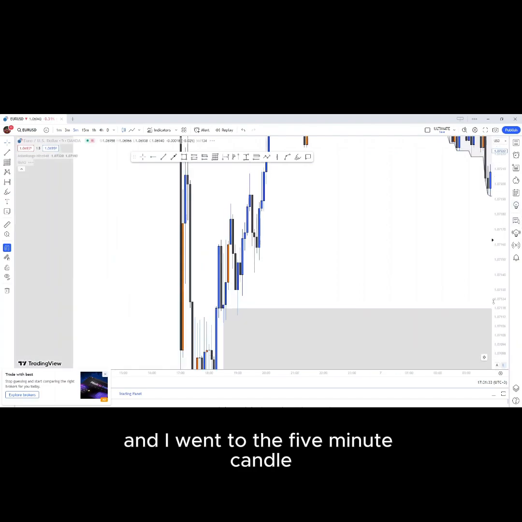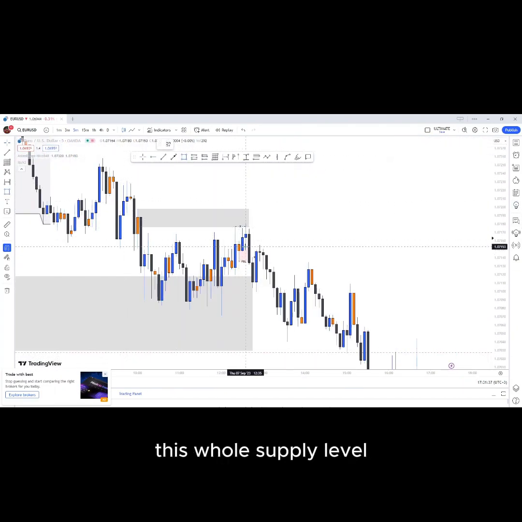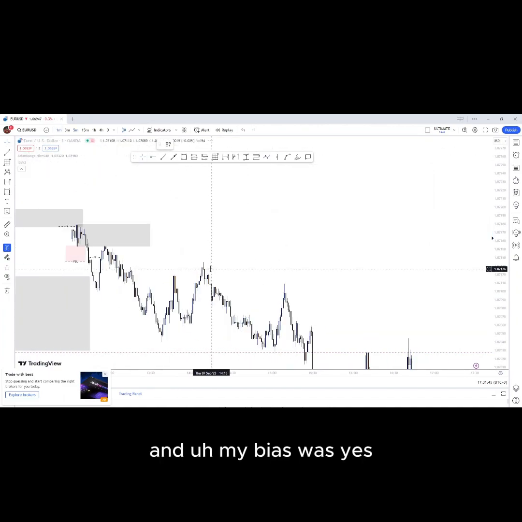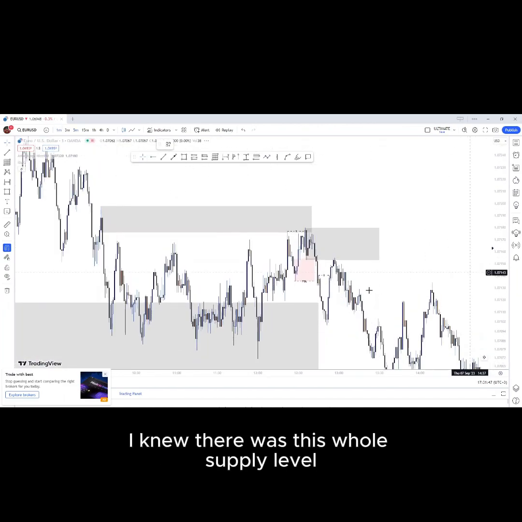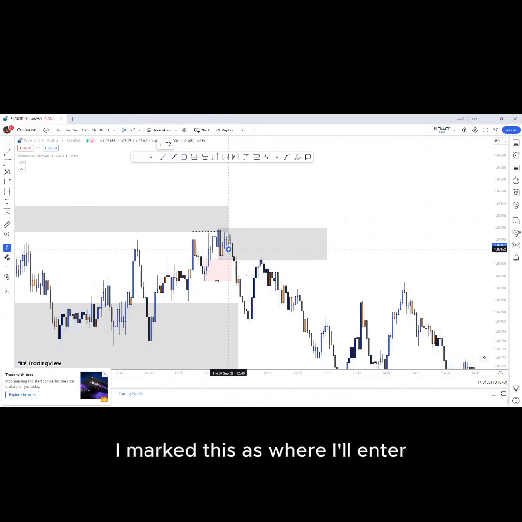And I went to the 5 minute candle and I saw that there's this whole supply level. My bias was, yes, I knew there was this whole supply level, but because of looking for high RR, I marked this as where I'll enter.